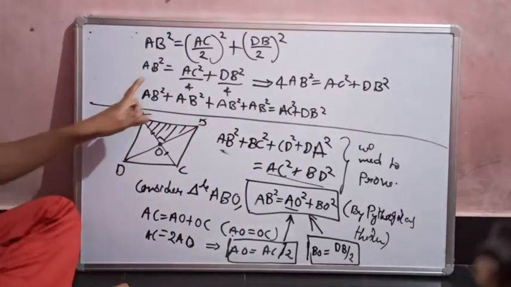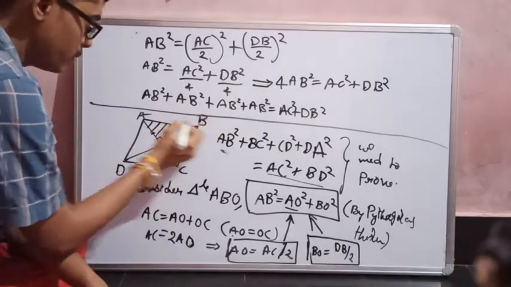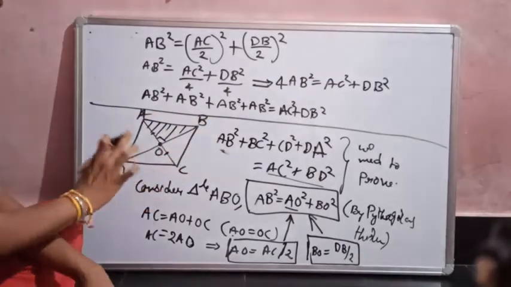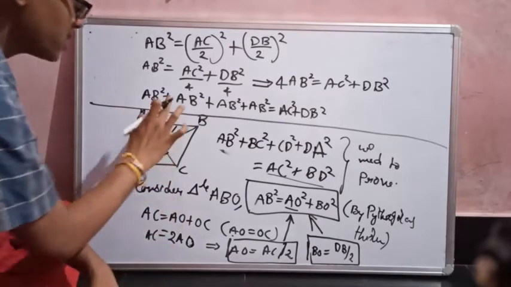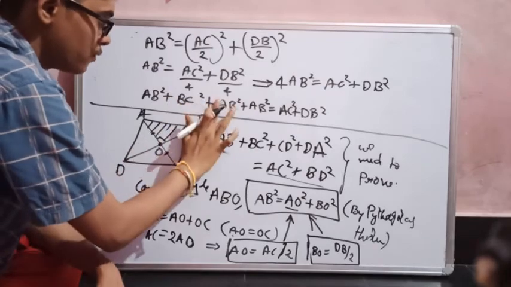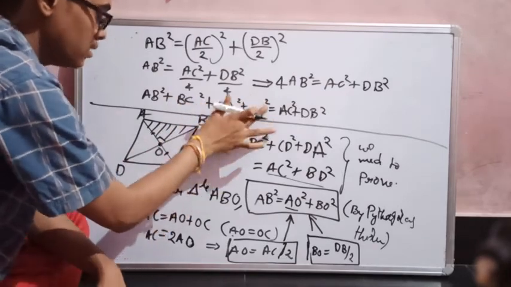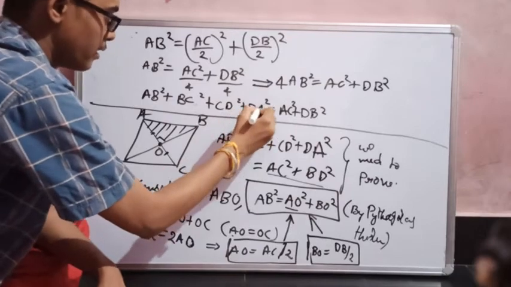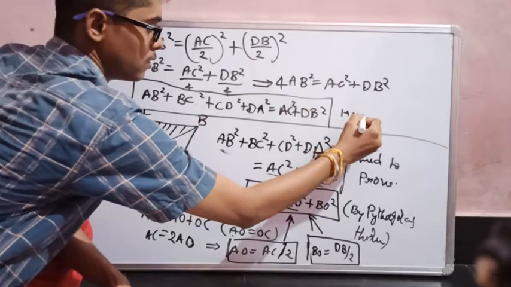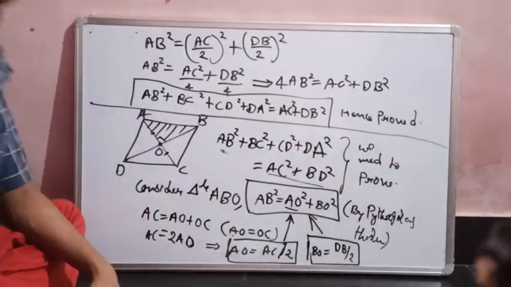Since it is a rhombus, all sides will be equal: AB equals BC, BC equals DC, DC equals DA. Therefore, instead of the second AB, I will replace it by BC, the third by CD, and similarly the last one by DA. Hence, the statement is proved. Thank you.